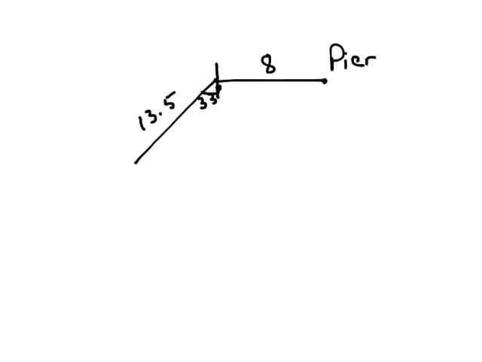And so the question is, how far are we at this point from the pier? We'll just call that distance D. And we want to know what is the bearing of the sailboat from the pier. So we want to find this angle in order to get our bearing.